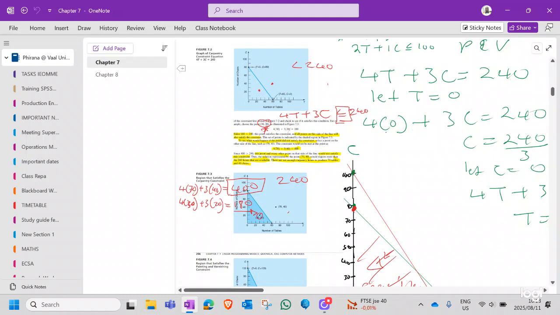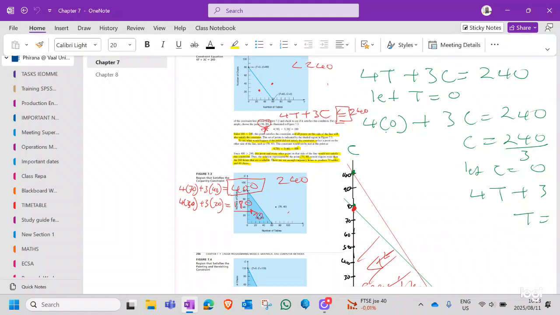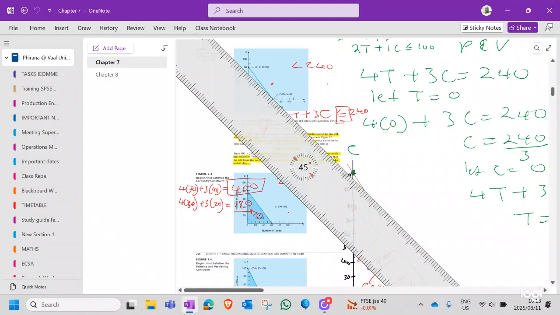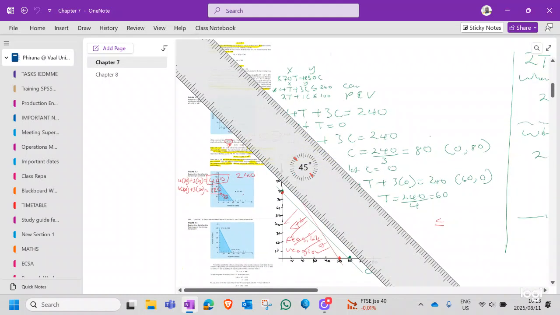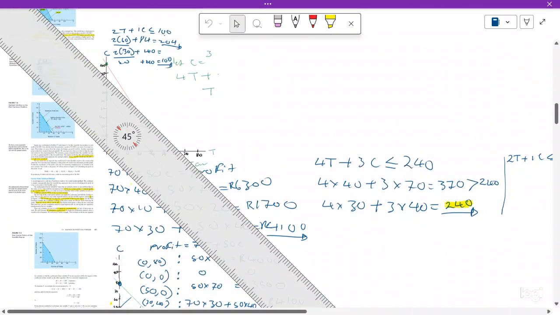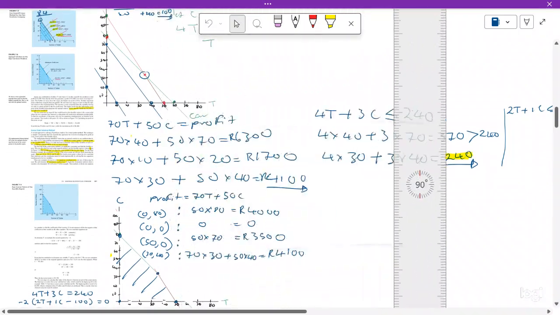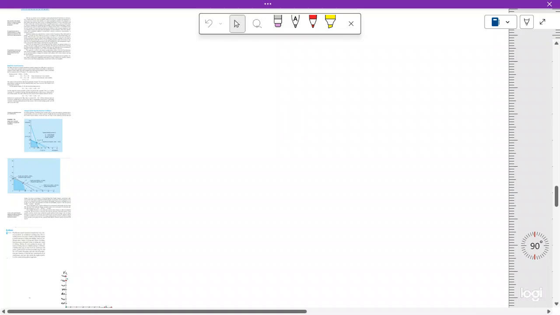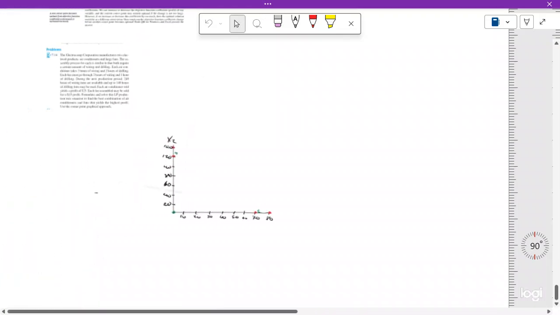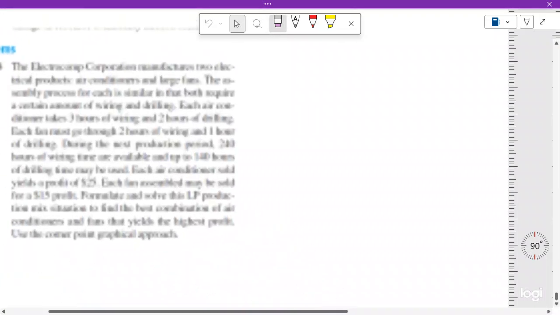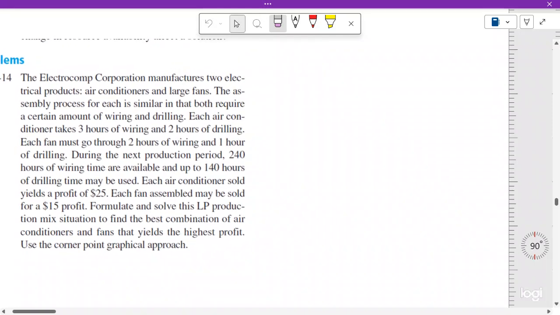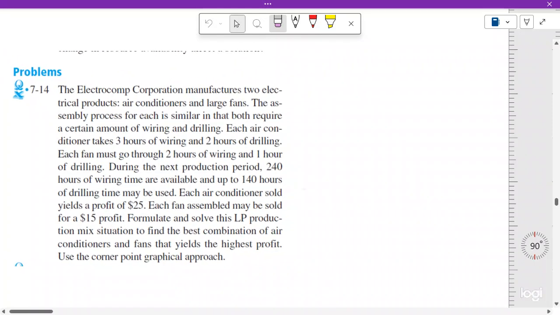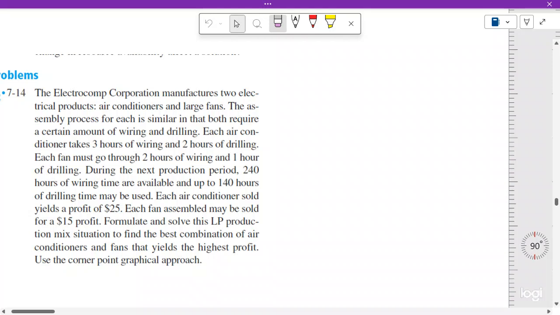I will need a ruler. Where's my ruler? Okay, so now our first steps at problem 7.4.